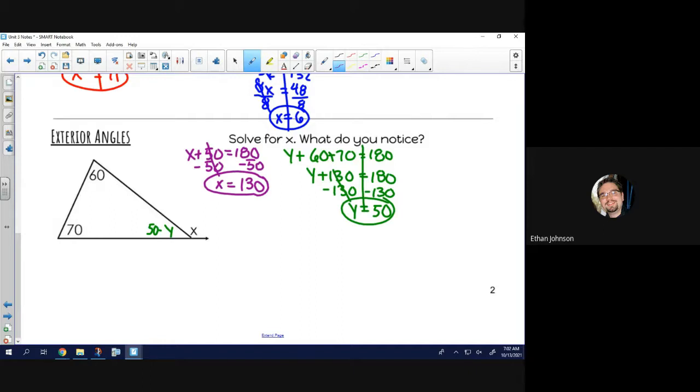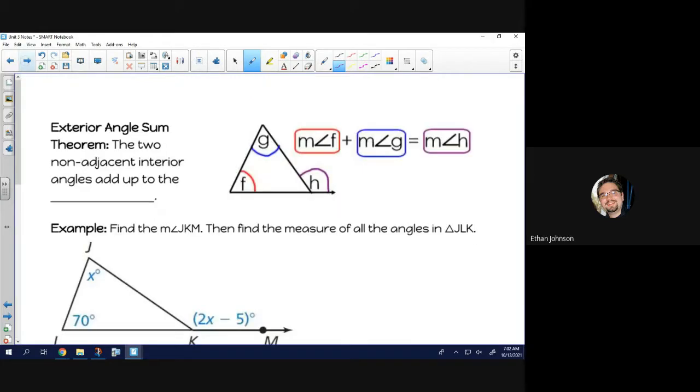Well, we got 130 by adding the 60 and the 70. Which actually leads us into our exterior angle sum theorem. It says two non-adjacent interior angles add up to the exterior angle. So it's our two far inside add up to equal our outside.